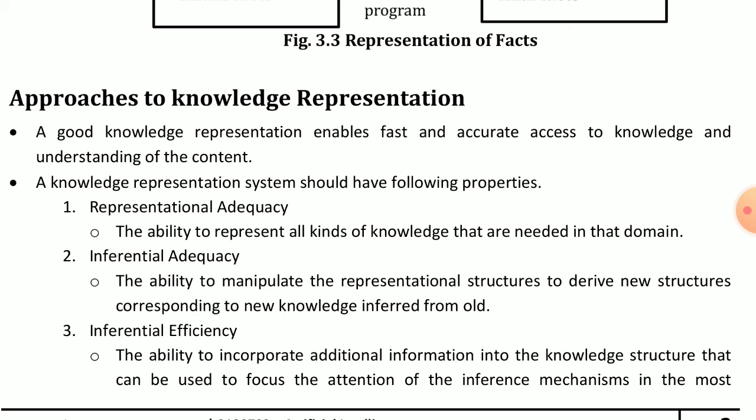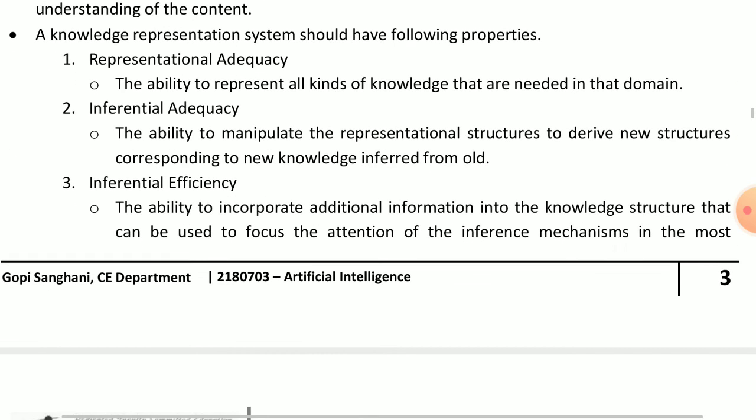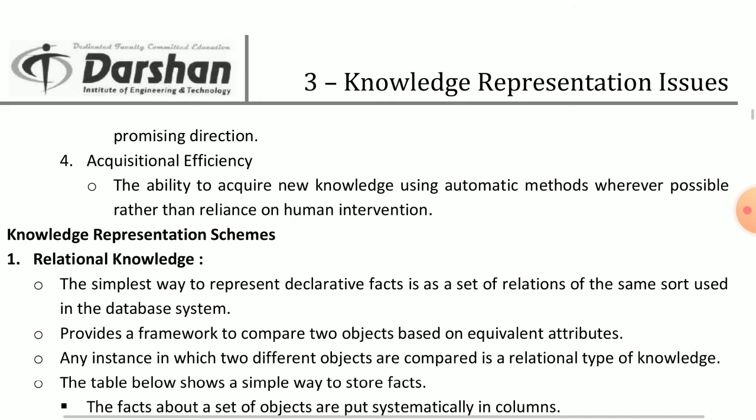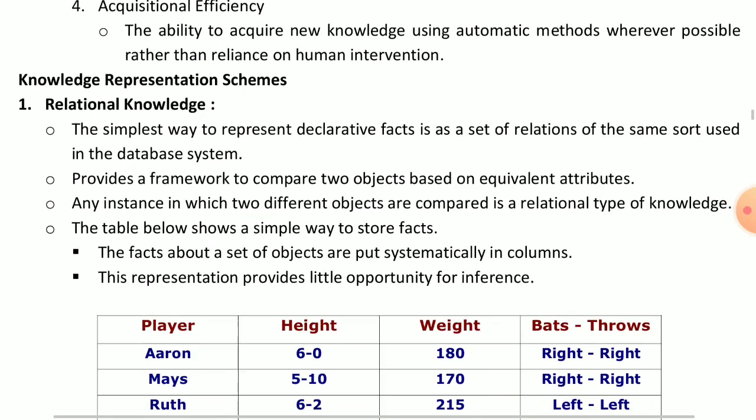Now today I start the third topic, which is named approaches to knowledge representation. Okay, in this topic four different properties of knowledge representation are given. First is representational adequacy, second is inferential adequacy, third is inferential efficiency, and fourth is acquisitional efficiency.